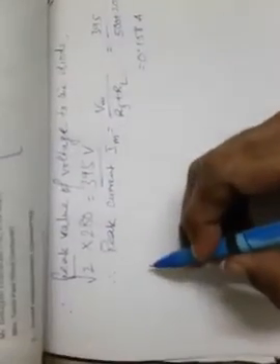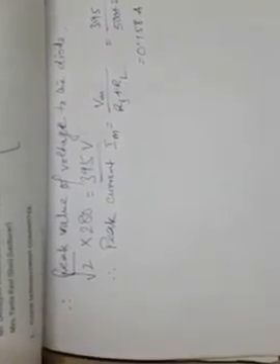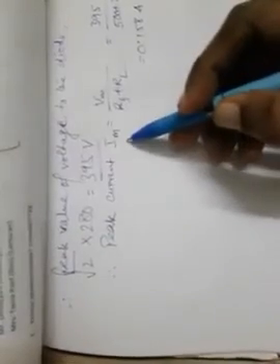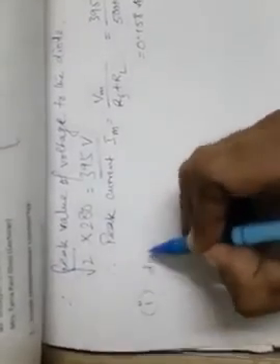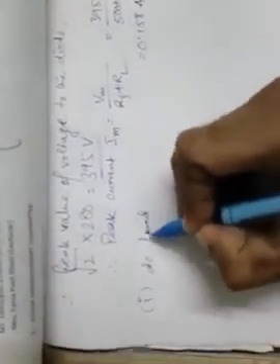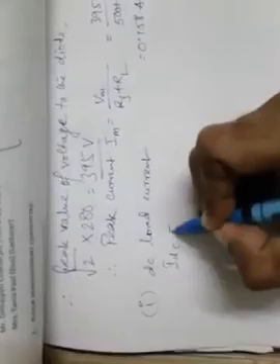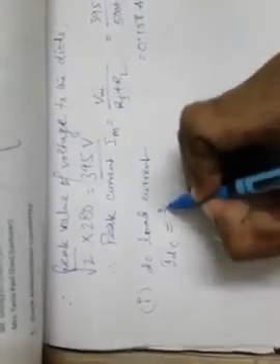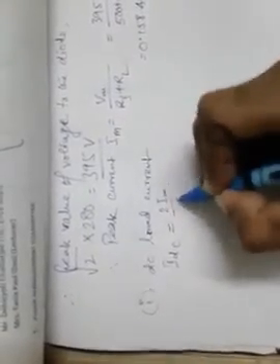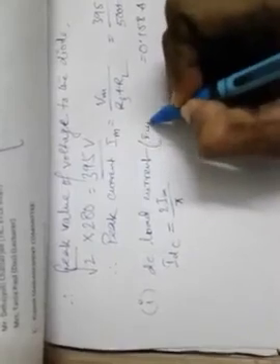So this is the first part, the calculation of Im. Once Im is available, now calculate the first part of your problem, the DC load current. IDC for a full wave rectifier is 2Im by pi.